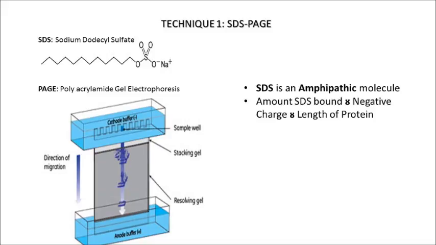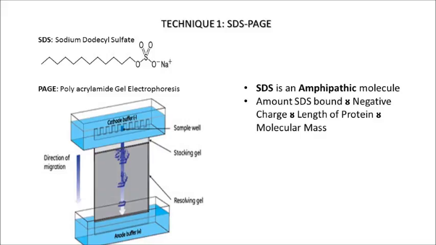However, the key thing about SDS page is again the sieve. Due to the fact that they have negative charges, irrespective of how big or small the protein is, it's going to migrate towards the positive end, which is the anode in this case.